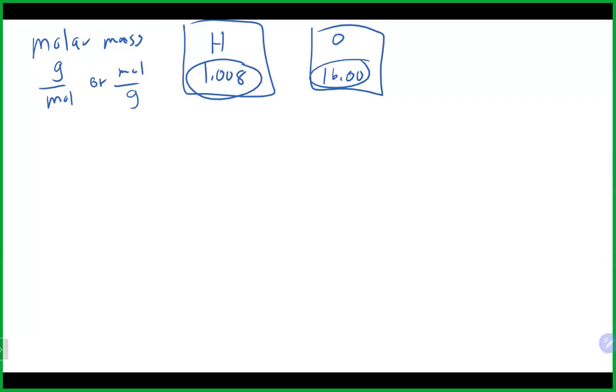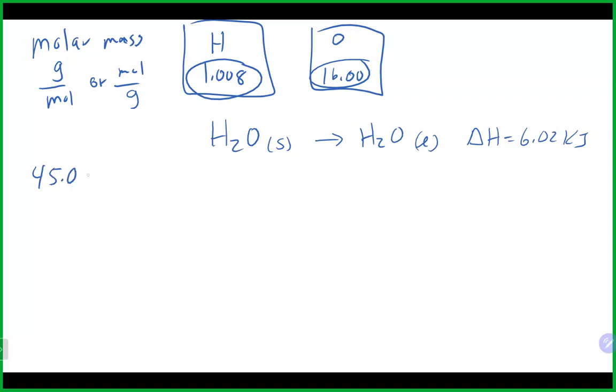So for example, if we had our equation we were just looking at, and we will definitely talk more about this in the appropriate chapter when we get there, let's just say instead of giving you the moles to start with, like we just did, you're given grams of water. Say you had 45 grams of water, and you want to know how much energy you would produce in this sort of reaction.